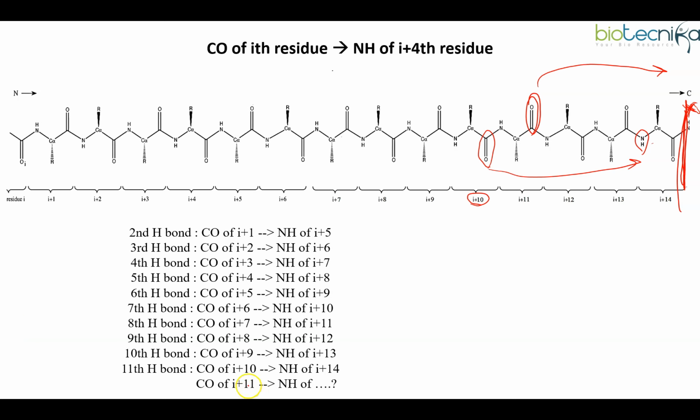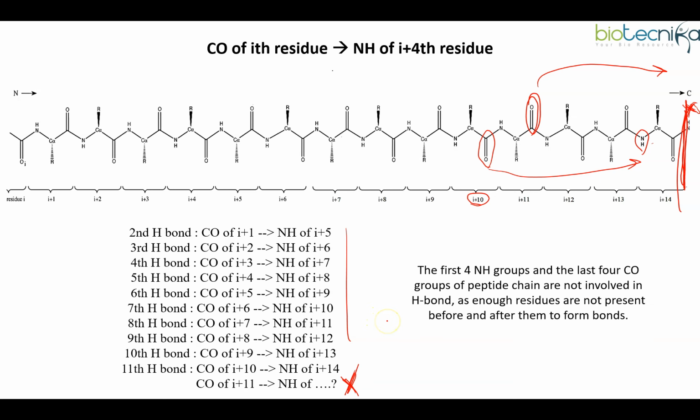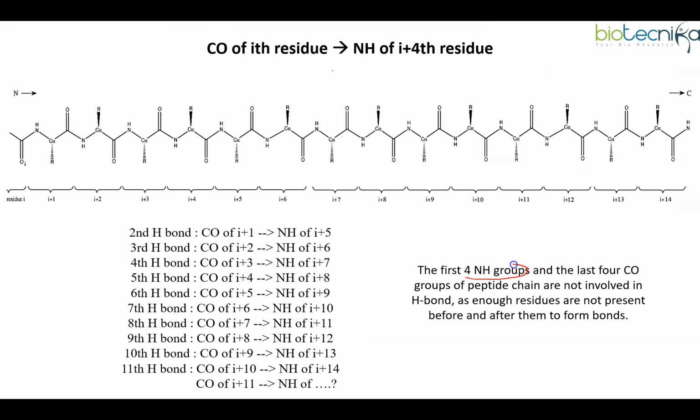That is why the CO of I plus 11 doesn't have any amino group to bond with. So either you calculate this way, that you will have a total of 11 bonds, or you just remember one logic, that the first 4 NH groups and the last 4 CO groups, as we saw from the I plus 11 CO group.